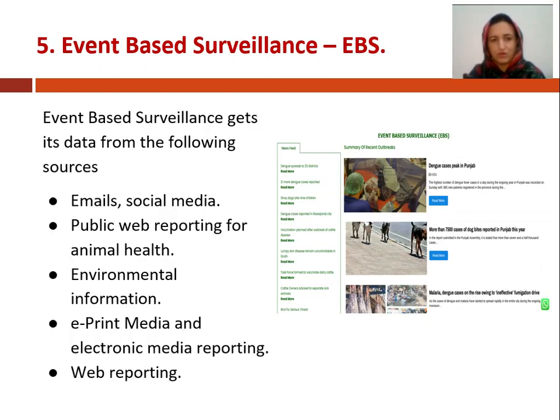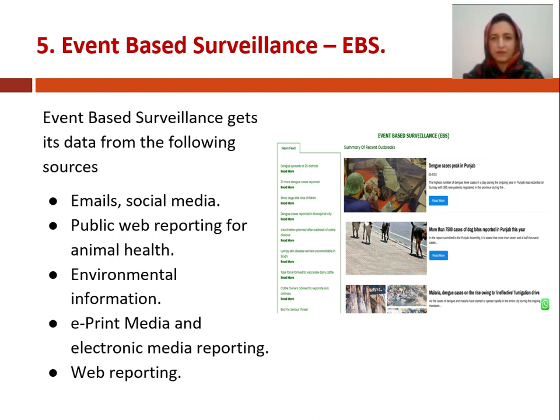Indicator-based information will be retrieved from the sources just mentioned, whereas for event-based surveillance, an integral part of our dashboard, the sources of information will be social media reports and public web reports, like for animal health, environmental issues, etc. A news feed section is there, mentioning important news items with a read more icon below.